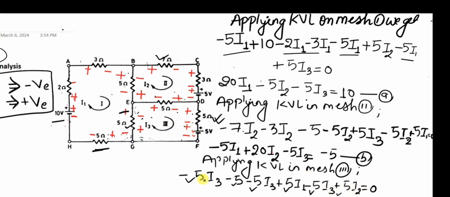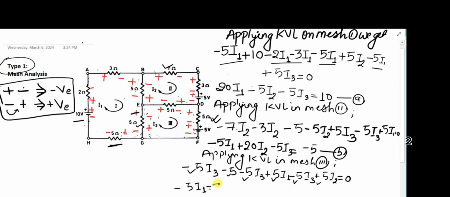After weighing this, now add all the like terms, so it's minus 5 I1 minus 5 I2 plus 15 I3 is equals to minus 5.